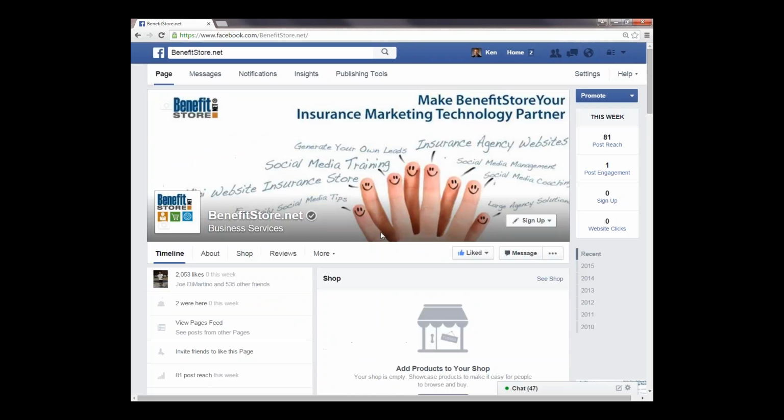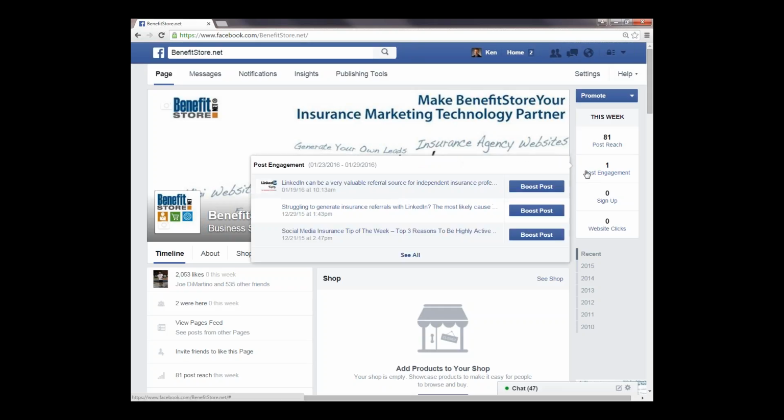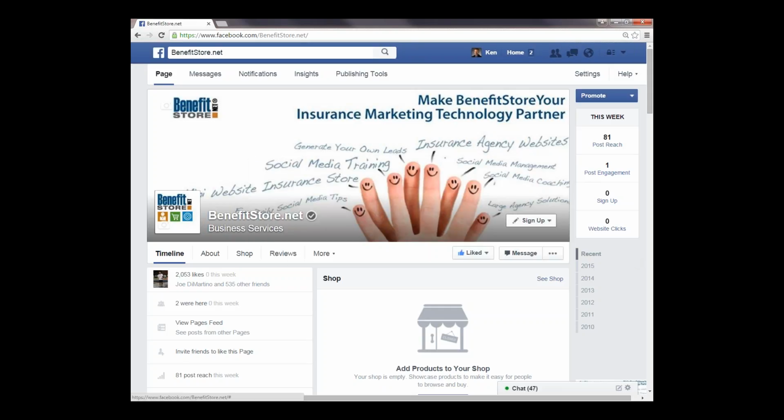We're looking at the Facebook business page for benefitstore.net. Then in 2013, Facebook went public, right? Once they went public, it was the quest to make more money, per se. And their first idea was, let's let people advertise on Facebook and they can pay us, and that'll be a revenue stream.